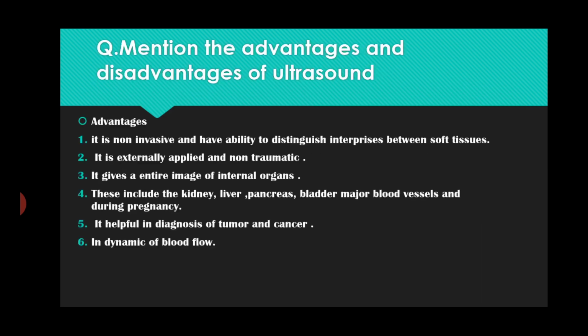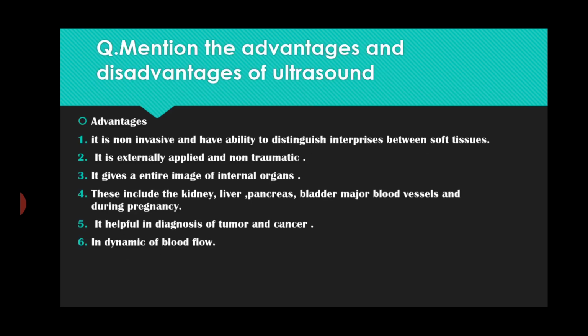Now we will see the advantages, disadvantages and uses of ultrasound. First, we will see the advantages. It is non-invasive and has the ability to distinguish interfaces between soft tissues. Second, it is externally applied and non-traumatic.